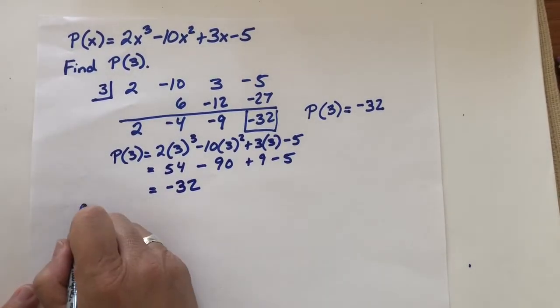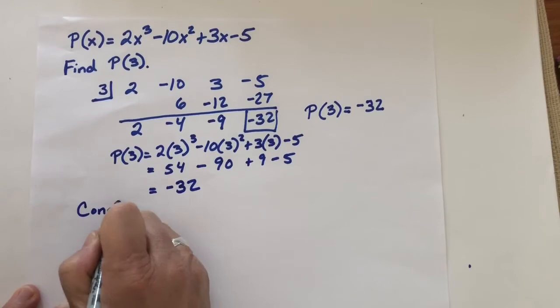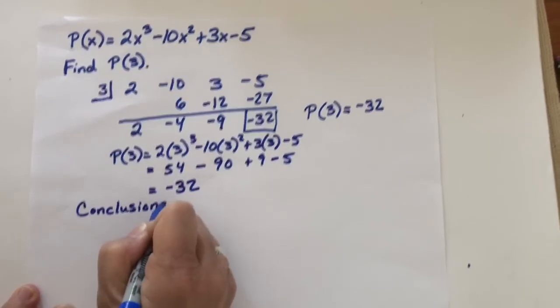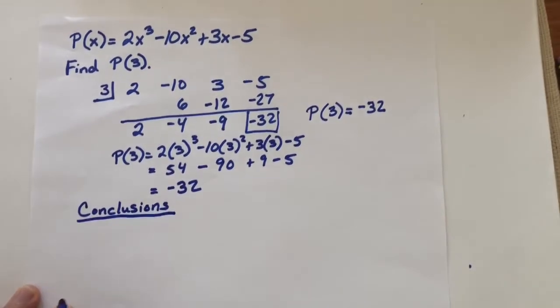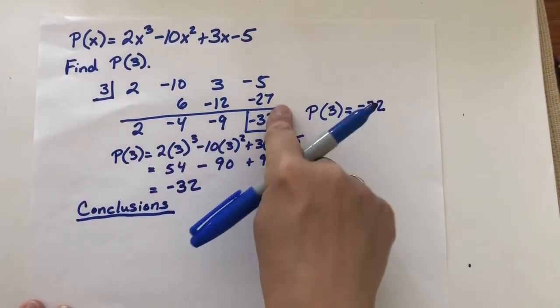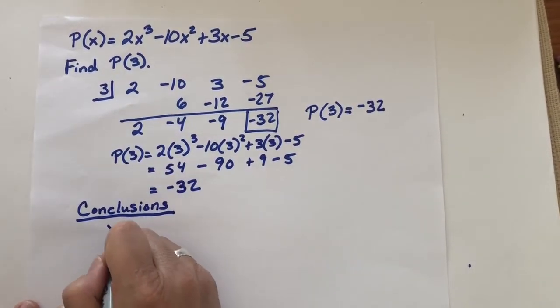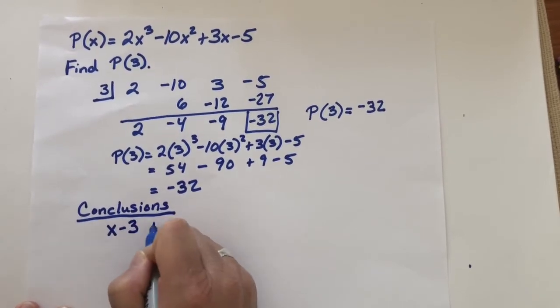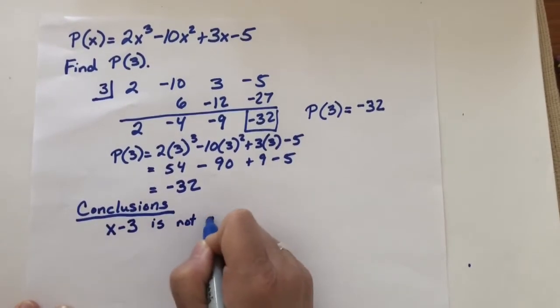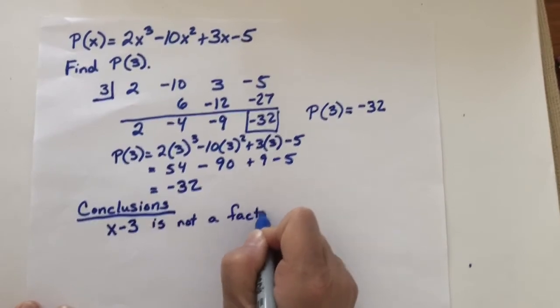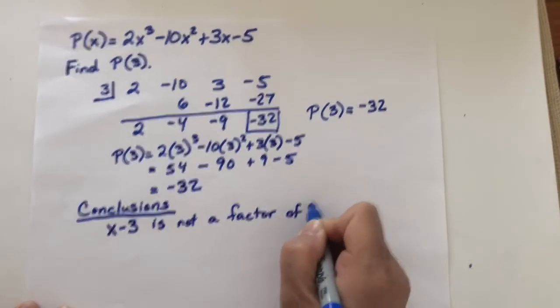But let me make some conclusions here. As a result of this, because of this division, we know a few things. One is x minus 3 is not a factor of p of x.